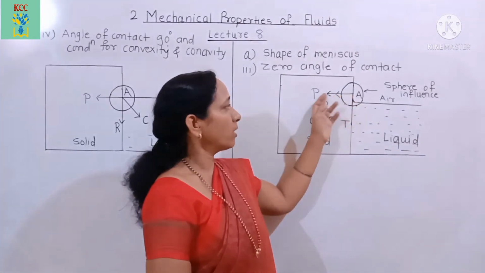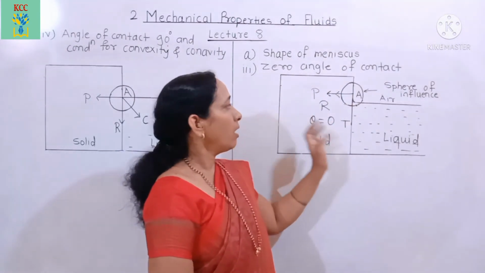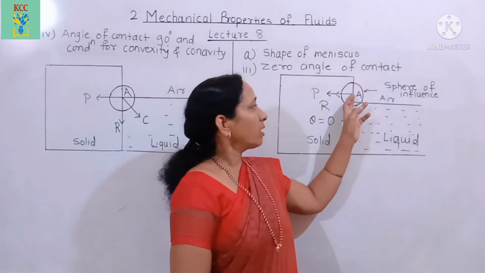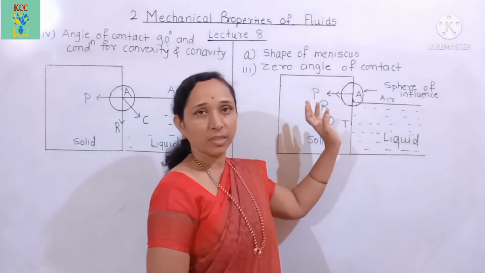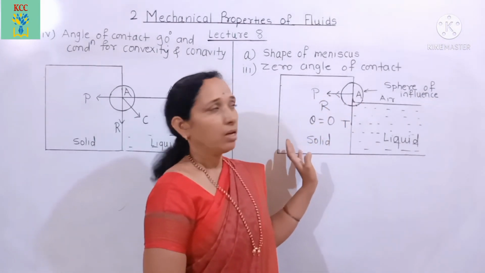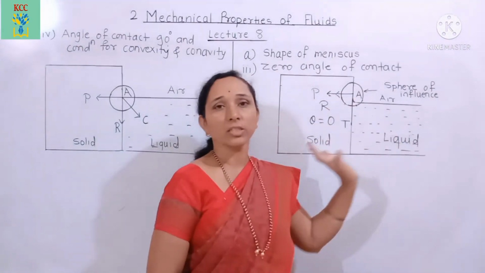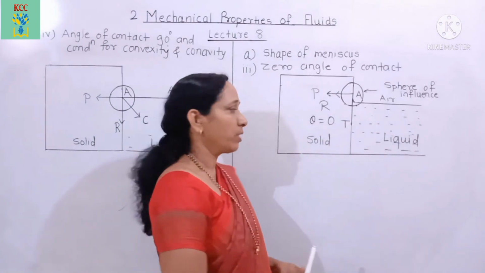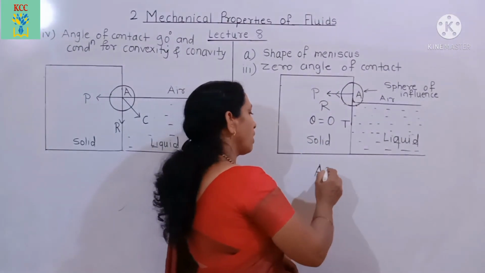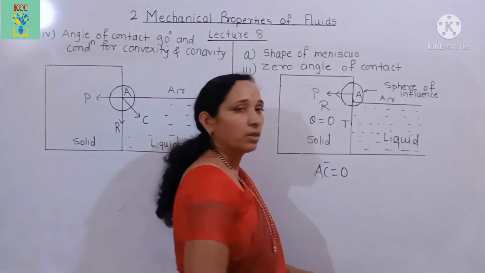It is directed horizontally, and liquid molecules are very few in the contact region. Therefore, there is no cohesive force acting on the molecule. That is, AC bar is equal to 0.